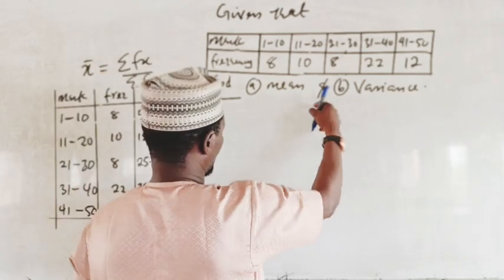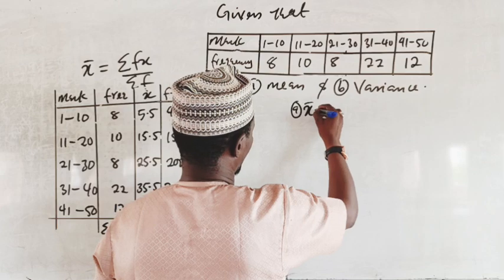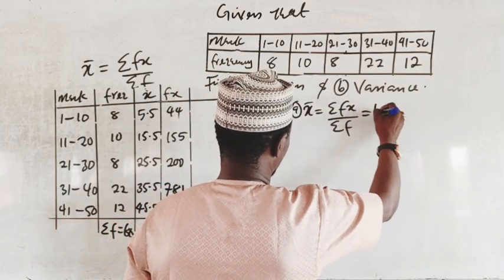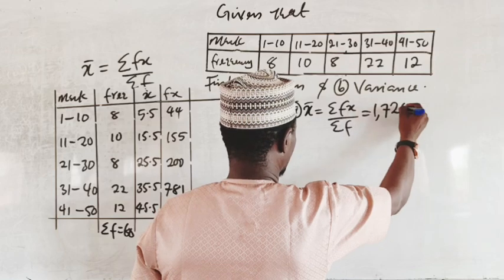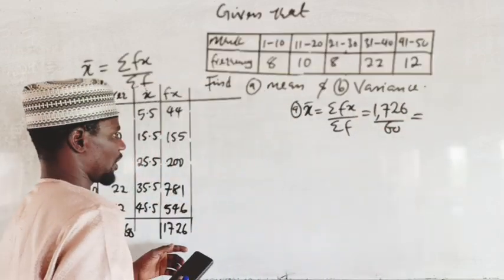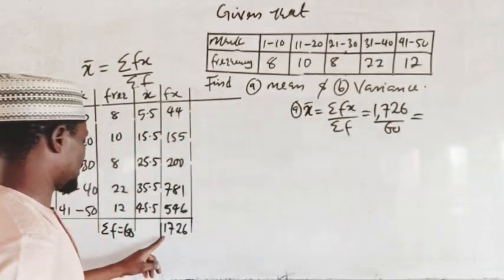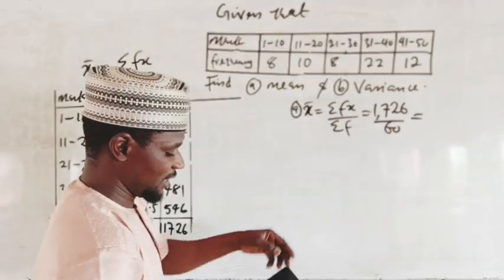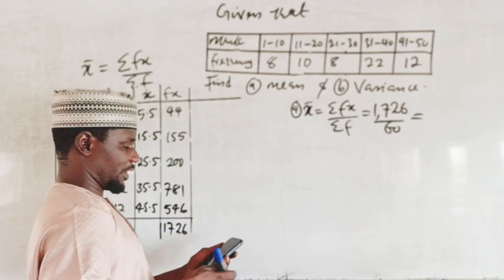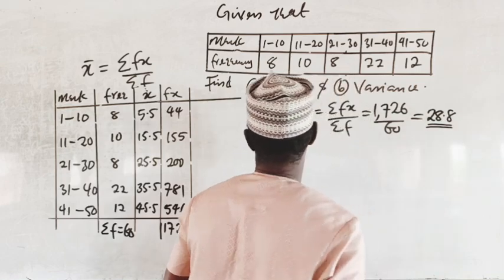Our mean, x bar, equals summation fx over summation f. Our summation f is 60 from the table, and our summation fx is 1,726. When you divide 1,726 by 60, you get 28.8. This is our mean.